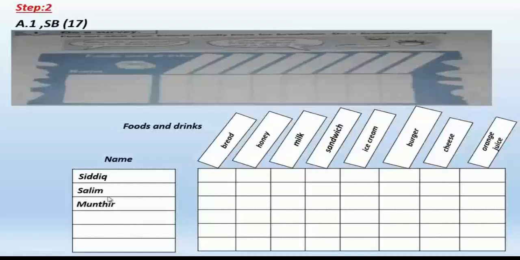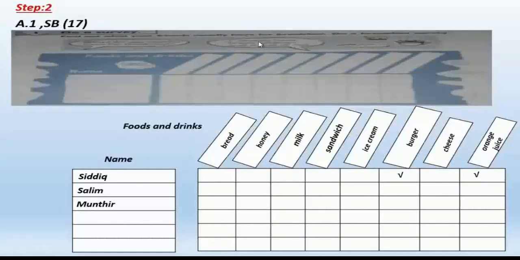First, I'm going to complete the chart for myself. I usually have a burger and orange juice for breakfast. Okay, now complete the chart for yourself. Now I want you to read the instruction text.